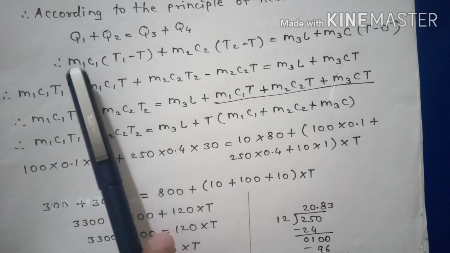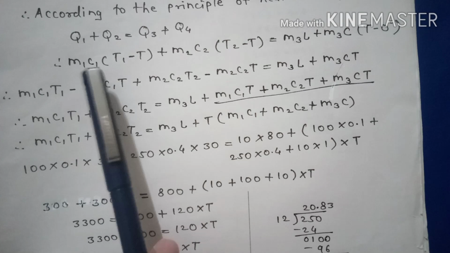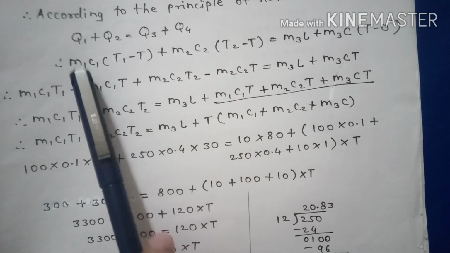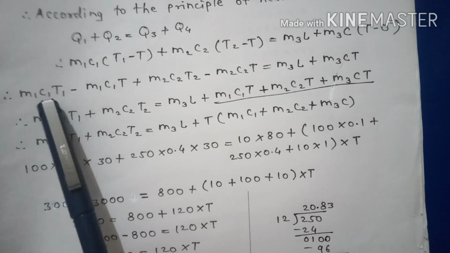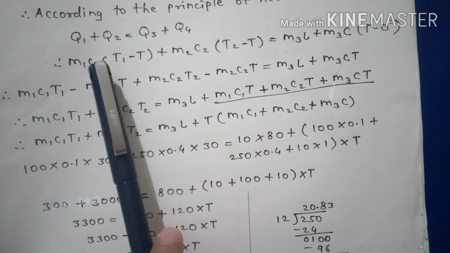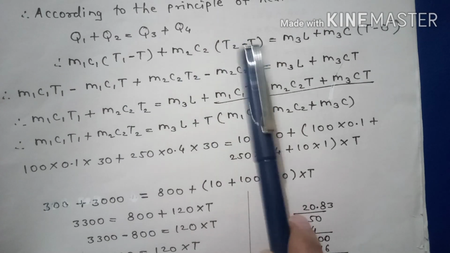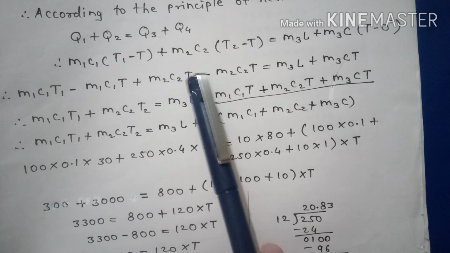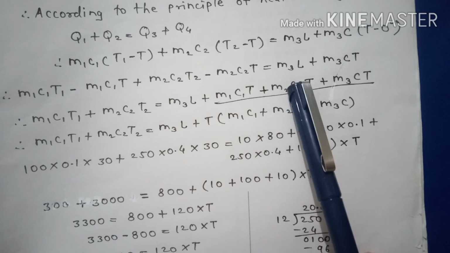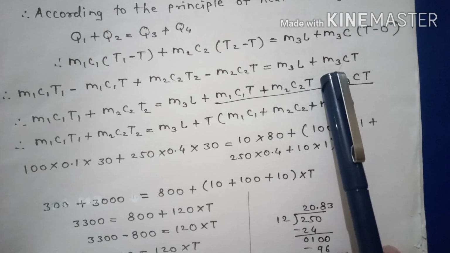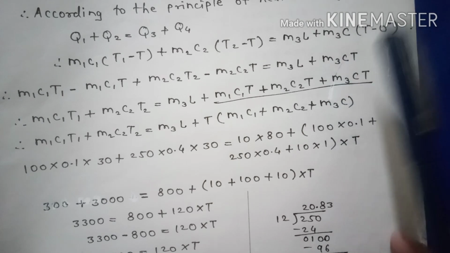Now this M1C1 will multiply to each factor of the bracket, that is M1C1 will multiply to T1 and also to T. So it becomes M1C1 into T1 minus M1C1 into T, plus M2C2 will multiply to each factor of the bracket, that is M2C2 into T2 minus M2C2 into T, that is equal to M3L plus M3C into T.